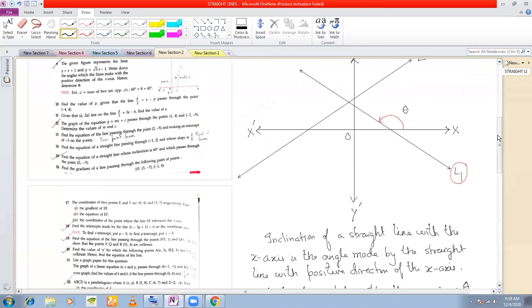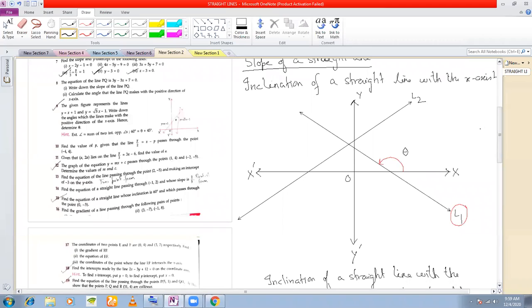This angle theta is called the inclination of the line L1 with the x-axis. What about the inclination of the line L2 with the x-axis? You again start from the x-axis, start rotating in the positive direction. This angle here is called the inclination of the line L2 with the x-axis.